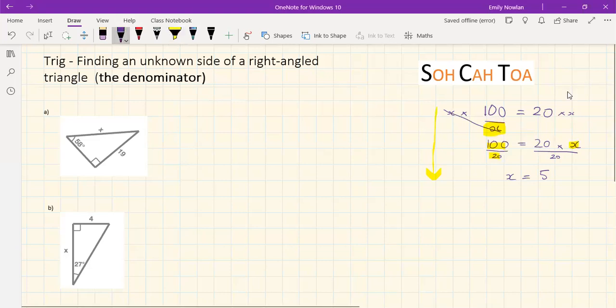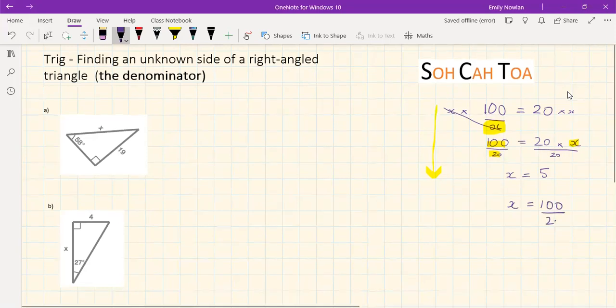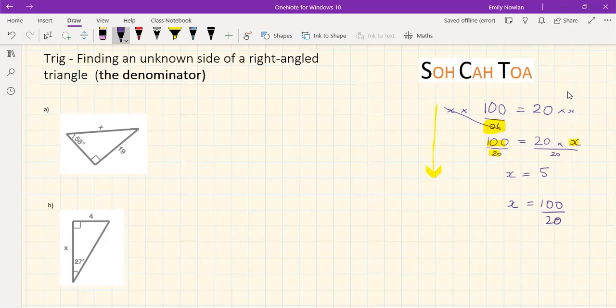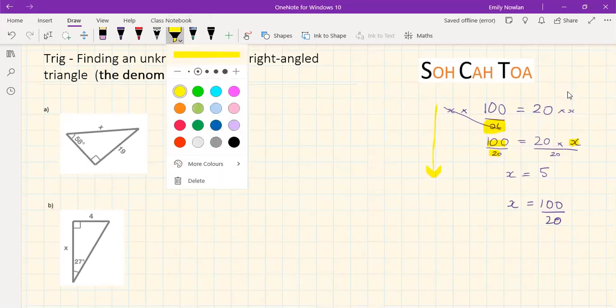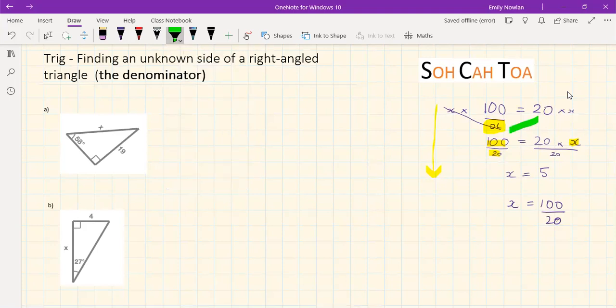So I'll just write that down. So the question was actually x is equal to 100 over 20. So if we look back at the beginning, what can you notice, something that you can do, which is a bit of a quick shortcut, and hopefully some of you would see that we could have just switched that 20 with the x to begin with.